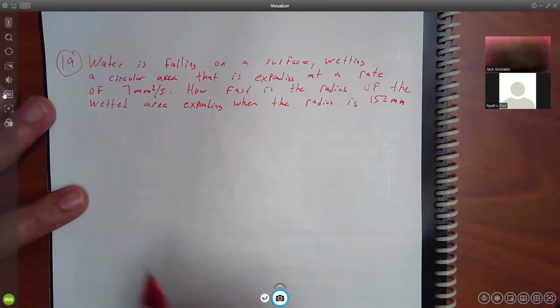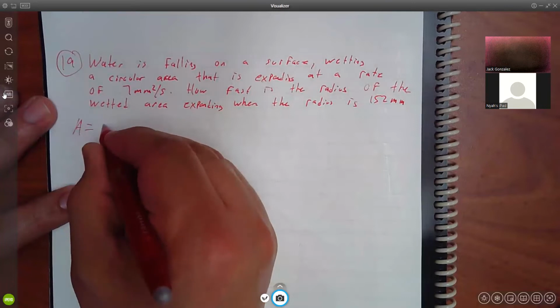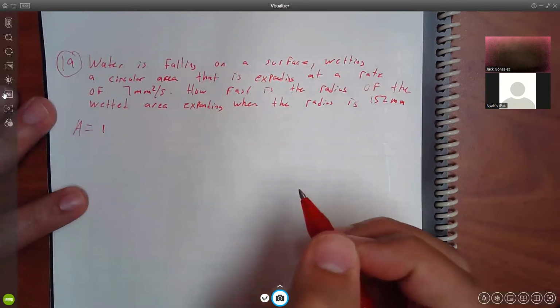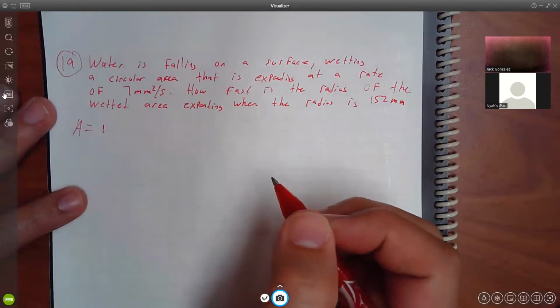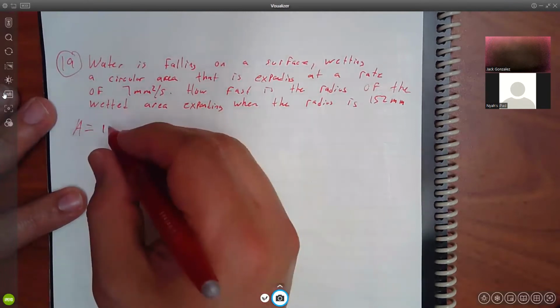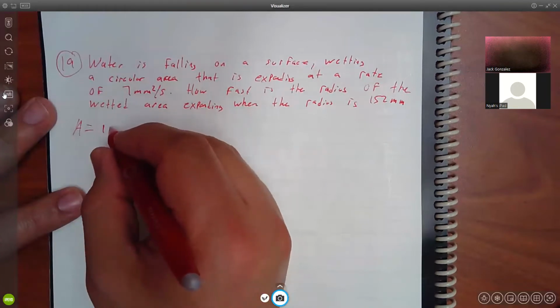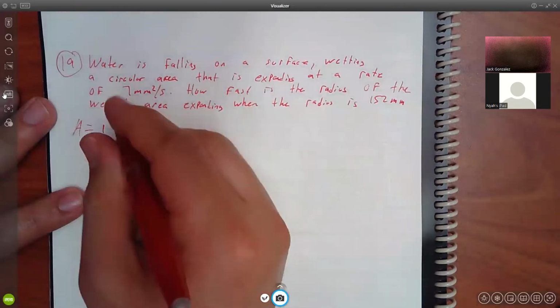So first thing we need is the area formula for a circle. What is it? The area of a circle. 2 pi r squared. 2 pi or pi? Pi r squared. Pi.